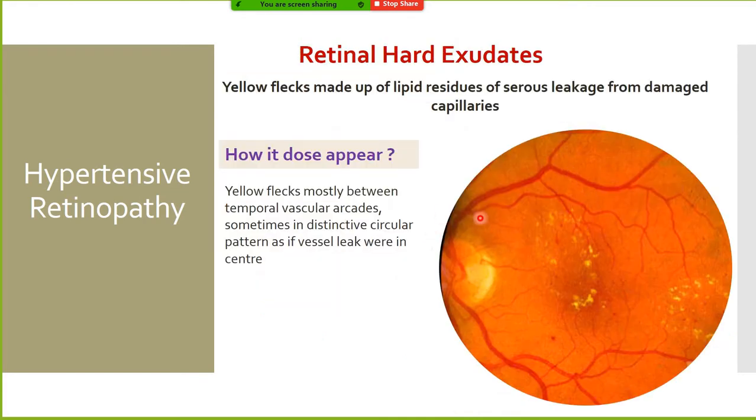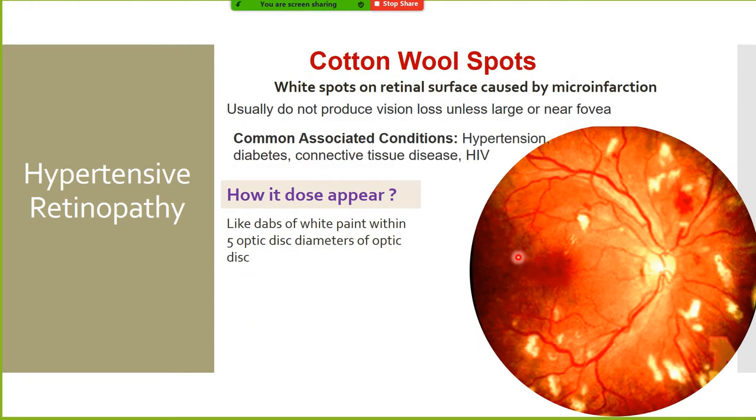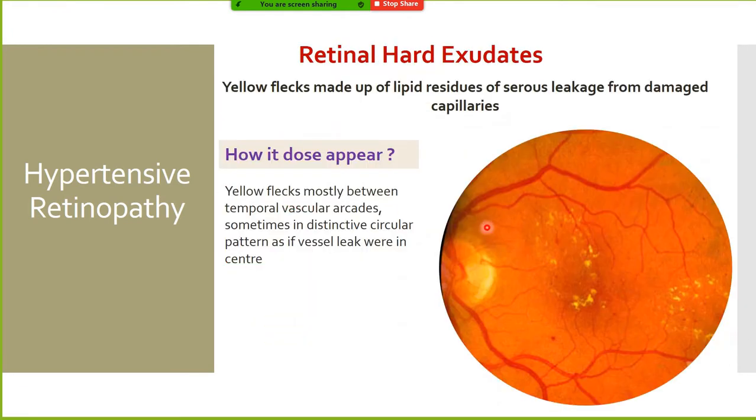Coming to hard exudates, they are made up of lipid deposits, which are a result of leakage from damaged capillaries. They are going to look like yellow flakes, whereas cotton wool spots look like a patchy appearance.